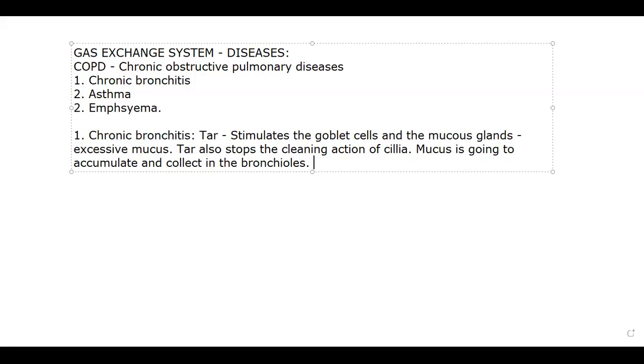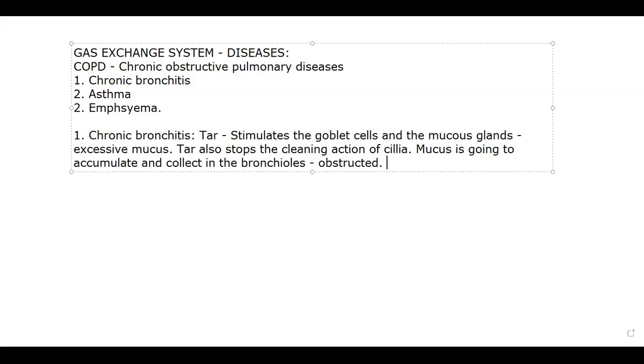So imagine if the mucus starts to collect in the bronchioles. The bronchioles are going to become obstructed, they're going to become blocked.